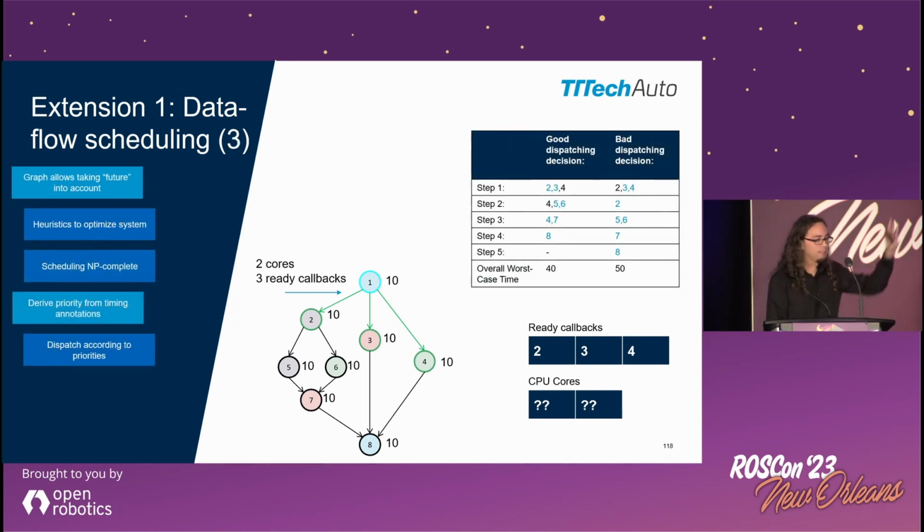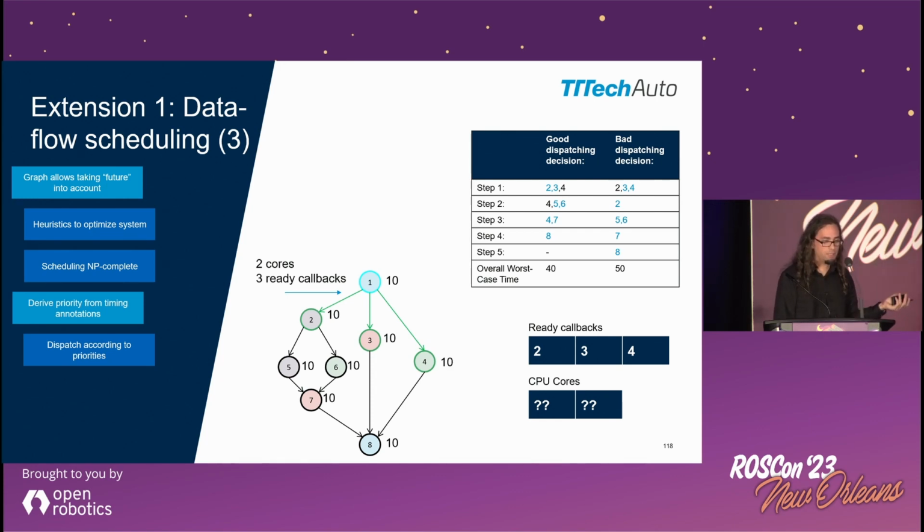Why do we want this? And here there's a trace. Let's not go through it completely, but seeing just on a high level, we have 2 choices. Either we dispatch callbacks 2 and 3, and then we get to an overall processing of 40 time units in the worst case. Of course, those callbacks could run faster, but let's say the worst case is then in total 40. However, if we dispatch callbacks 3 and 4, the overall time will be 50 time units.